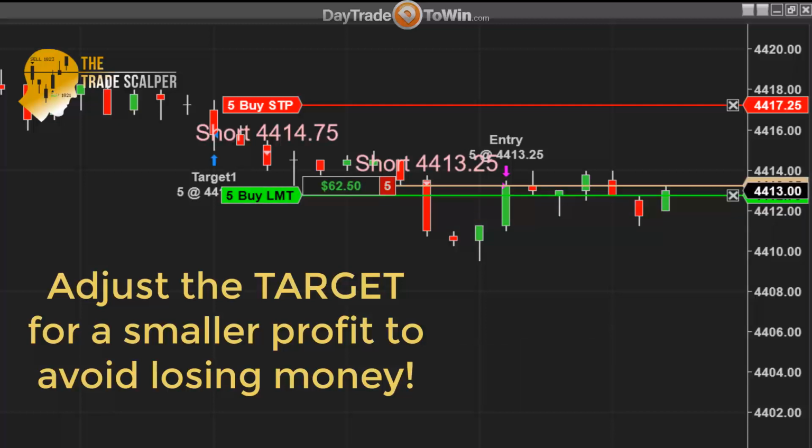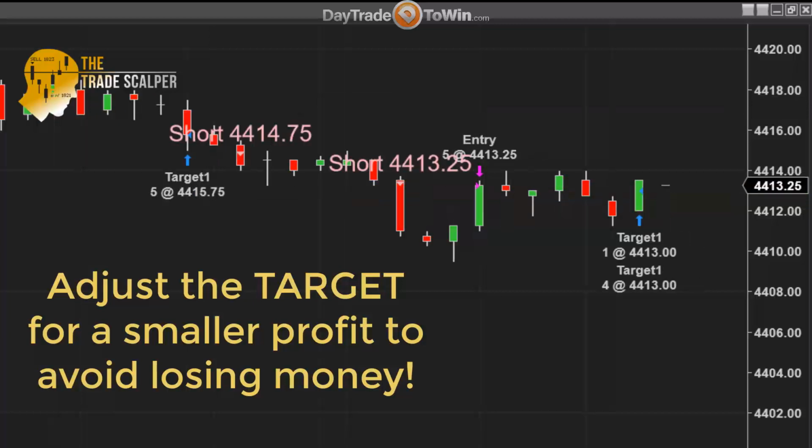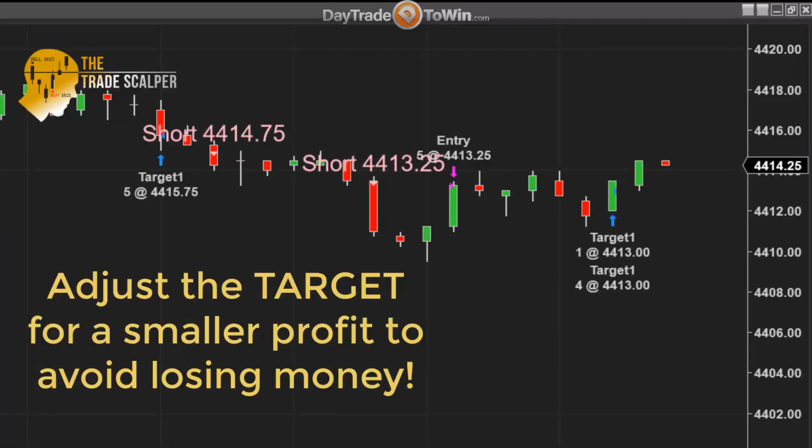So at this point, you can see that I moved up and adjusted my target from 44.11 quarter up 2 ticks to 44.1175. And the reason why I did that, and this is something that you should do as well, is because I'm now managing this trade to say it should have, due to the amount of time I'm in this trade, hit the target. It didn't hit the target. Let me adjust up my profit so I can make something out of the trade.